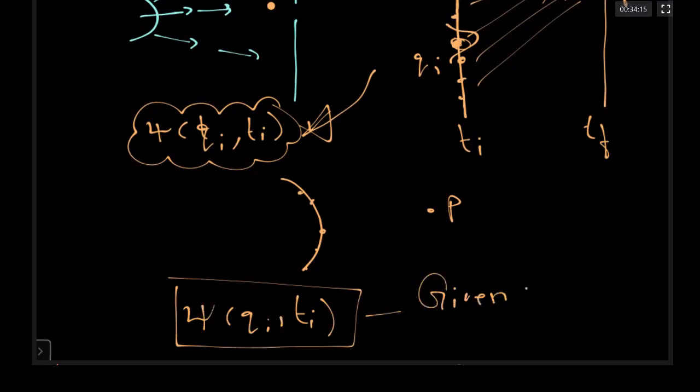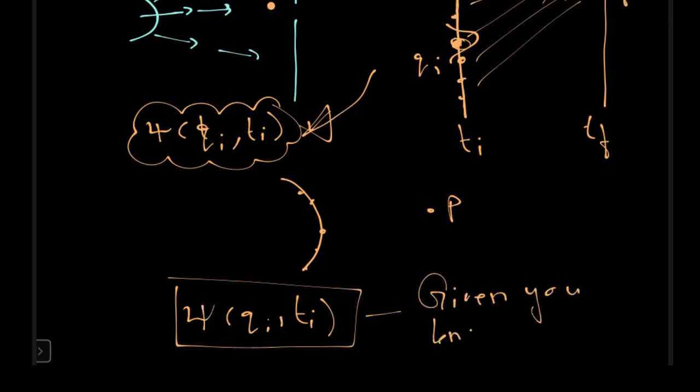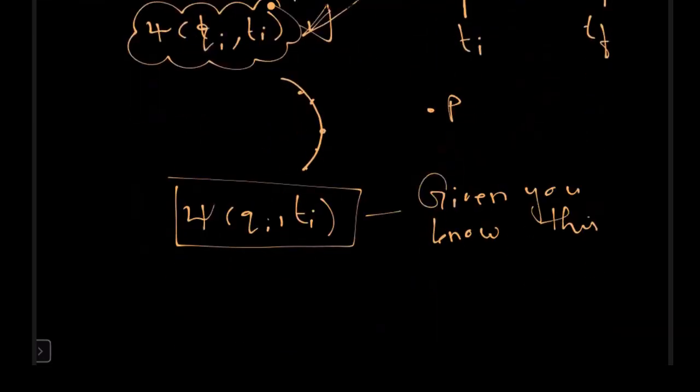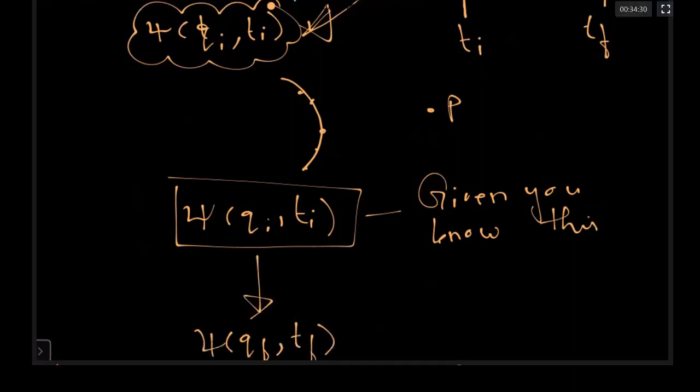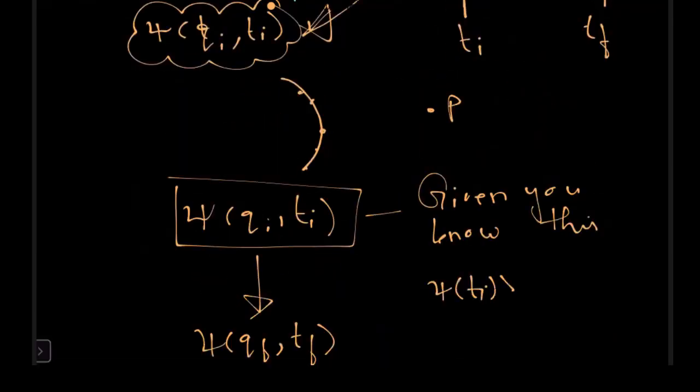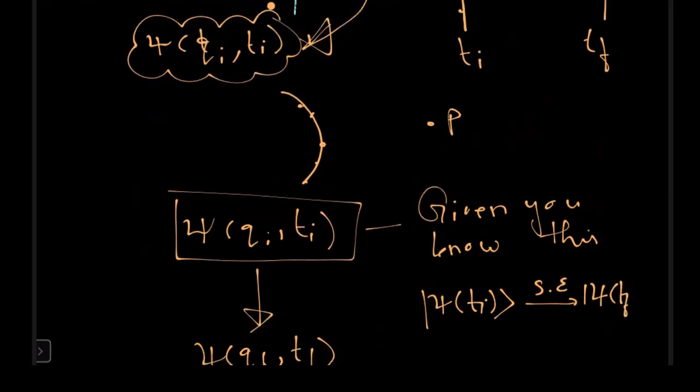So given you know this, is there a way in the quantum toolkit to know this? In the previous case, given you know this, you had the Schrodinger equation to know this. But the whole idea was that only propagation or evolution in time could be known from the Schrodinger recipe.